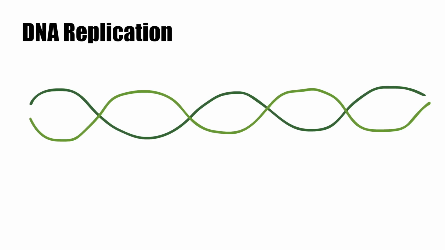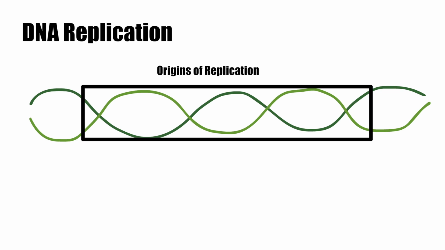Now that we have an understanding of DNA structure, let's examine the process of DNA replication, the actual mechanism by which the DNA molecule is copied. DNA replication begins at specific sites on the DNA molecule known as origins of replication.